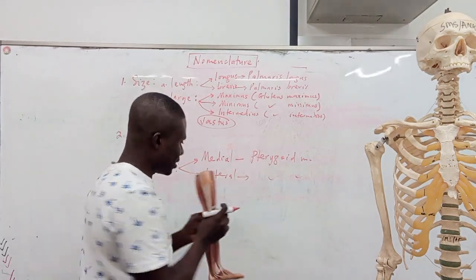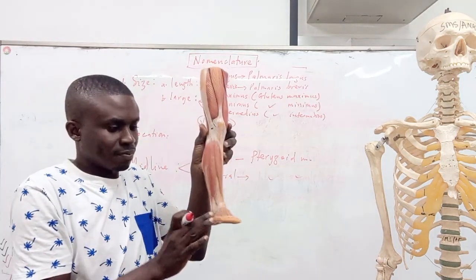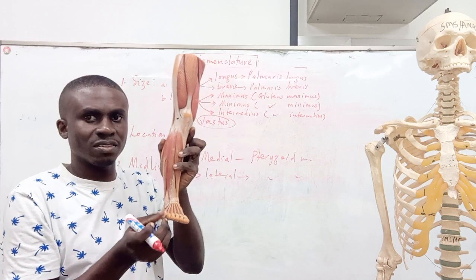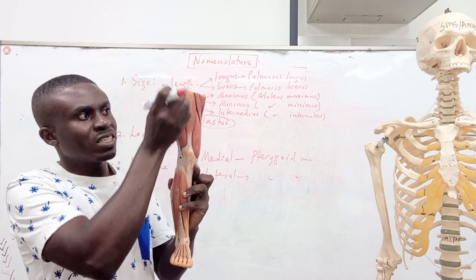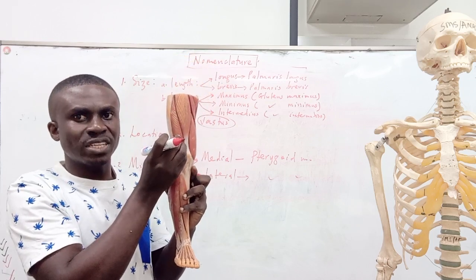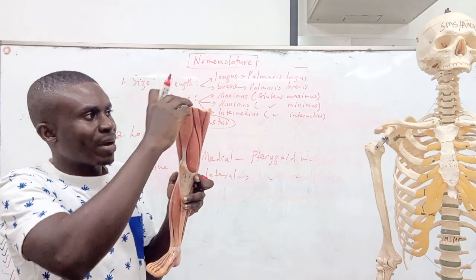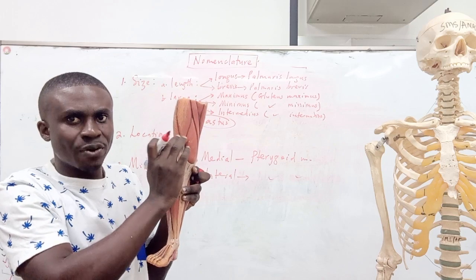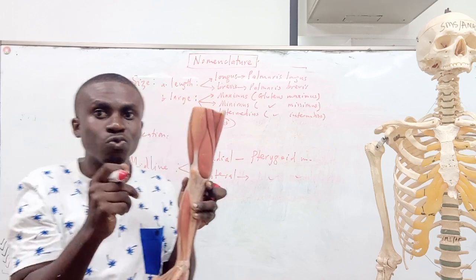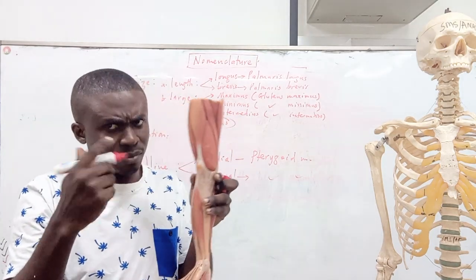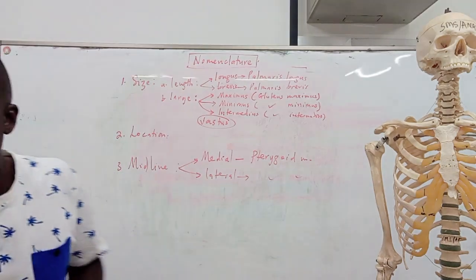It could be lateralis, towards the lateral aspect. So this muscle is called vastus lateralis, and I may also have vastus medialis. Now, when I reflect this muscle over here, rectus femoris, deep to it, I also have vastus intermedius. Yes, that's also another thing that we will look at.